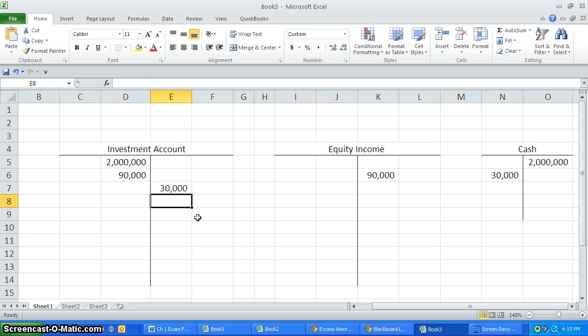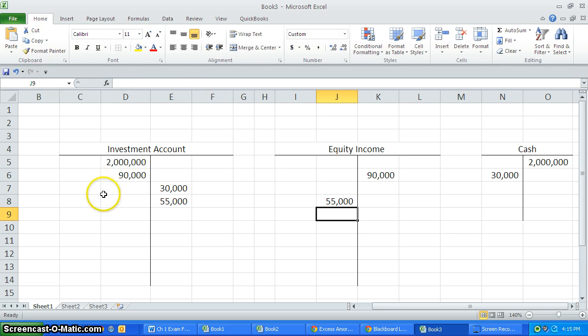Now there's one more element that's going on here. If you remember from the last problem, we were looking at excess amortization, and we calculated that at $55,000. That too is going to decrease our investment. So credit the investment and debit our equity income.